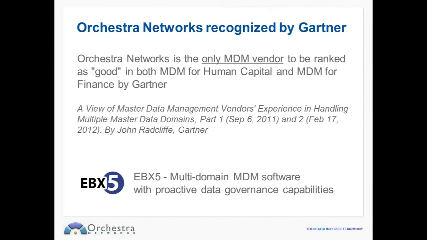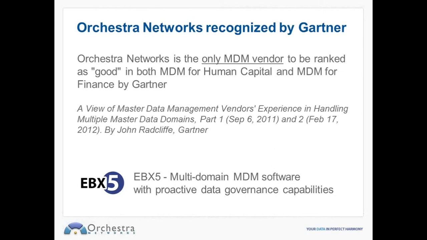In this note, among 10 vendors, including the large players, Orchestra Networks is the only one to be ranked as good in both MDM for human capital and MDM for finance. So this shows very well the positioning of our company, providing an MDM solution that is clearly multi-domain and that provides data governance capabilities for the business users.